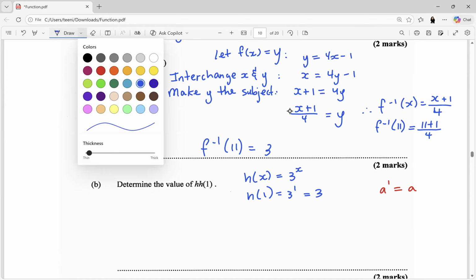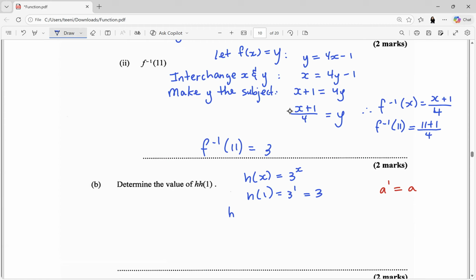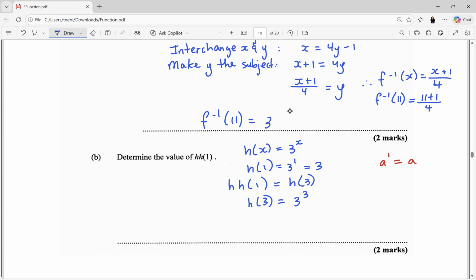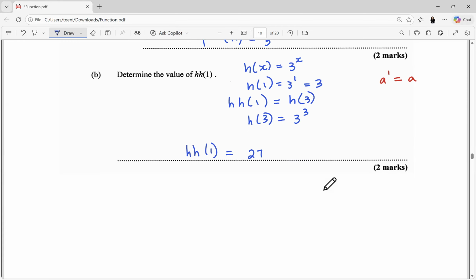Any number raised to the power of 1 is itself. So h of 3 is equal to 3 to the power of 3, 3 cubed, which is 27. So h of 1 is 27. 3 times 3 times 3 is 27.